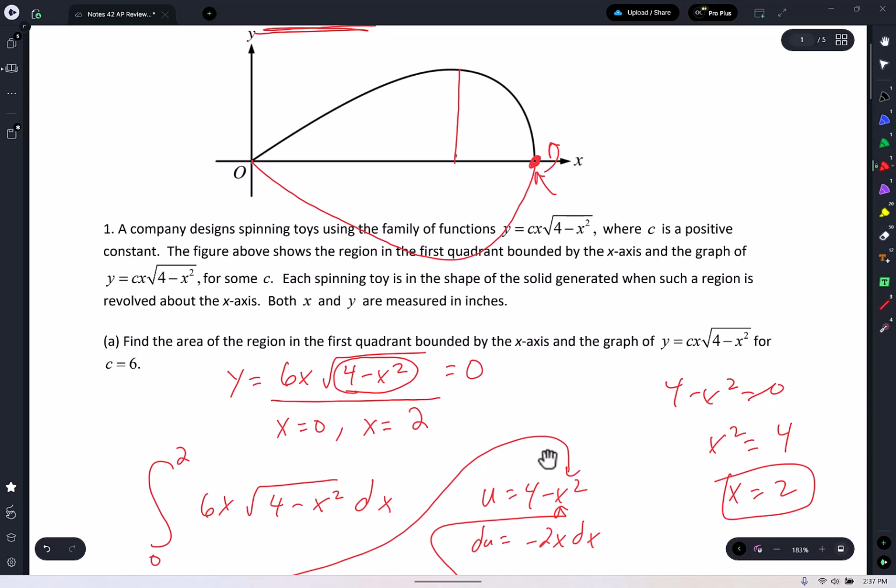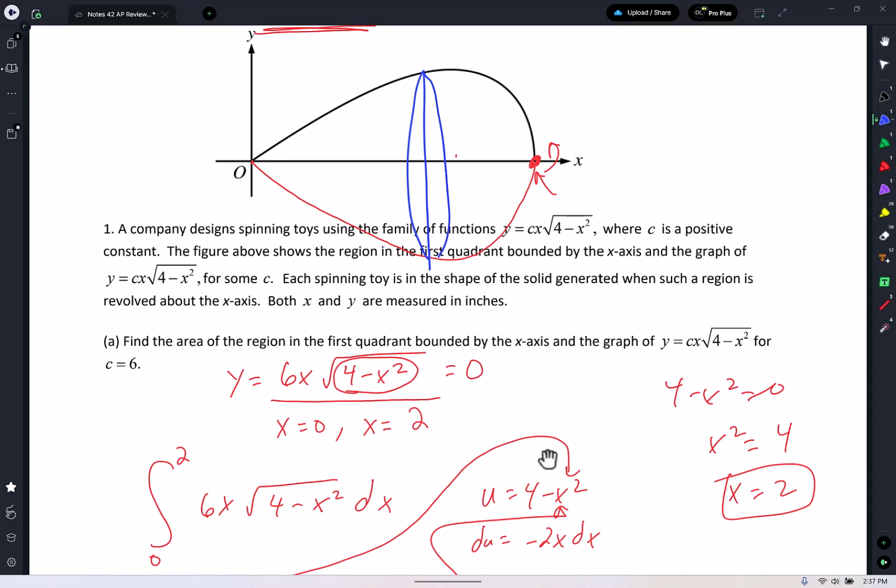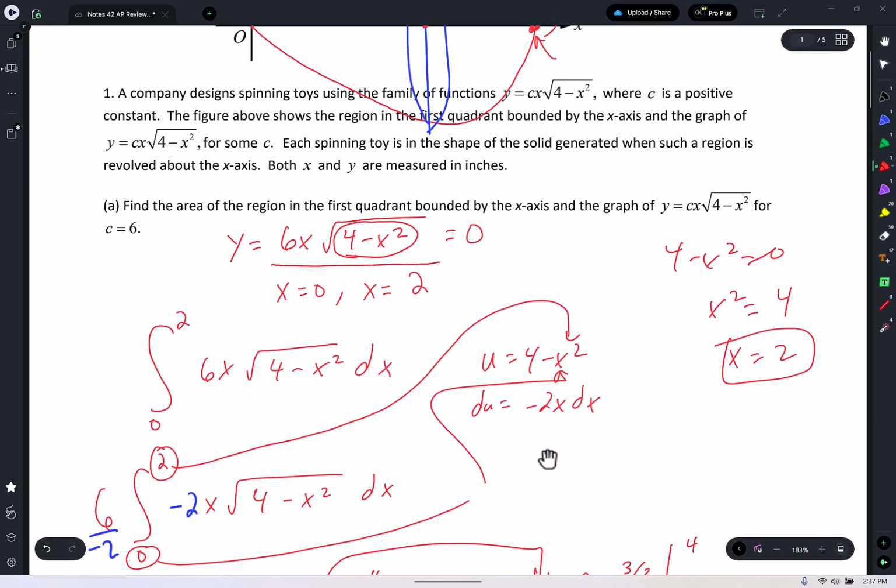All right, here we go, guys. Here's my slice. Focus, guys, focus. I know it's late in the day, but focus. There's my slice. What shape is that? A disc. A circle. So here we go. The radius is the distance from this to that curve right there, and that curve is that equation right there.